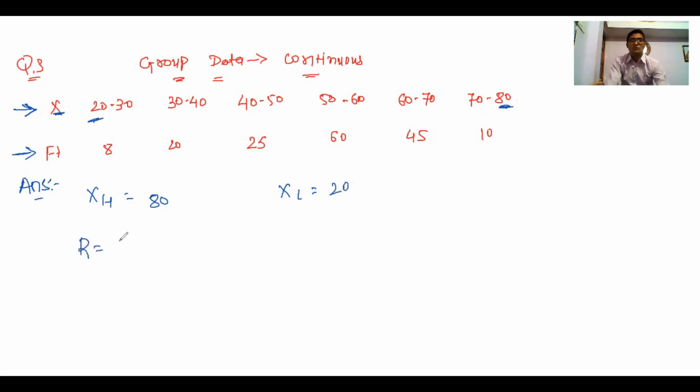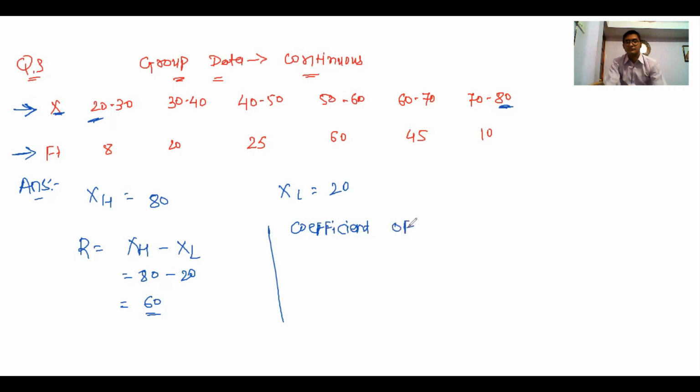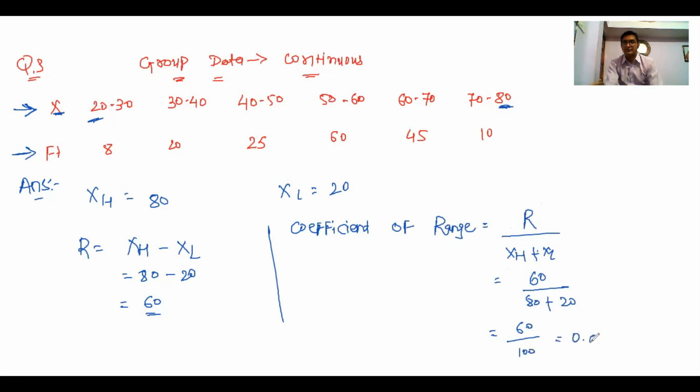So now formula of R, XH minus XL, 80 minus 20, it is 60, and second one, that is coefficient of range, R divided by XH plus XL, and value of R 60, XH plus XL means 60 divided by 100. Our answer is 0.60. That's it.